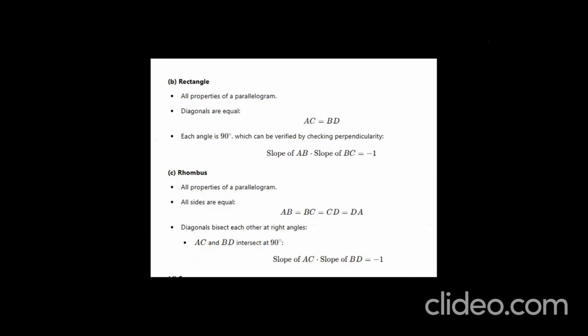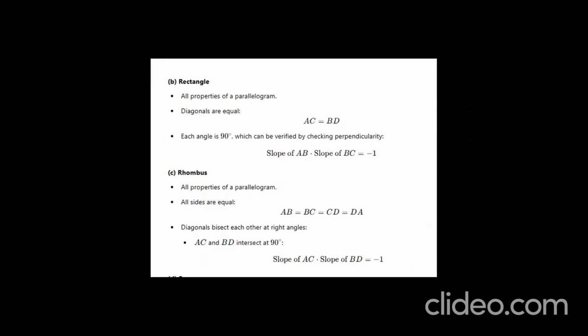If each angle is 90 degrees and the diagonals are equal, then that quadrilateral is a rectangle. Very good. If you observe the rectangle's properties: all properties of a parallelogram, and the diagonals are equal.